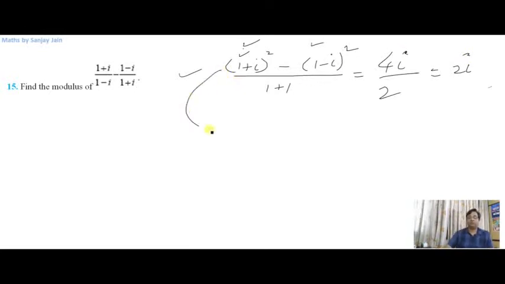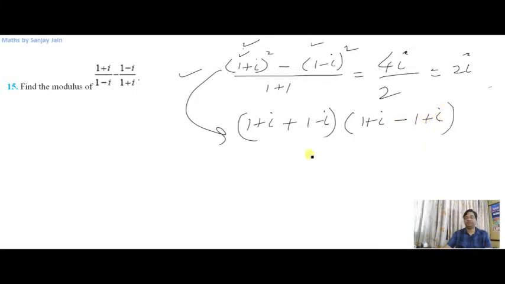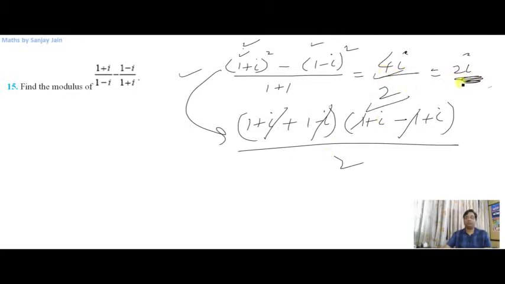But if you don't want to use this shortcut, you can do 1 plus iota plus 1 minus iota and 1 plus iota minus 1 minus iota, and that, divided by 2. Now if you see, this iota will get cancelled. This is 2 here, and from here I'll have 2 iota. So 2 into 2 iota, that is 4 iota by 2 iota, which is a purely real number, and the modulus will obviously be 2, right?